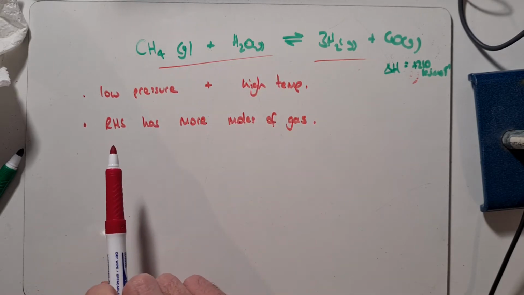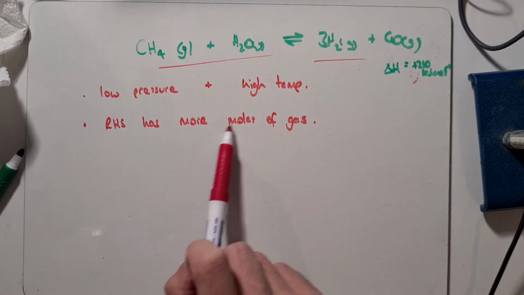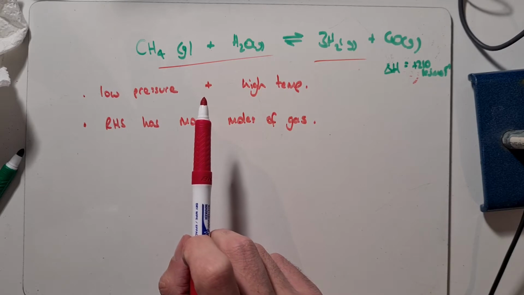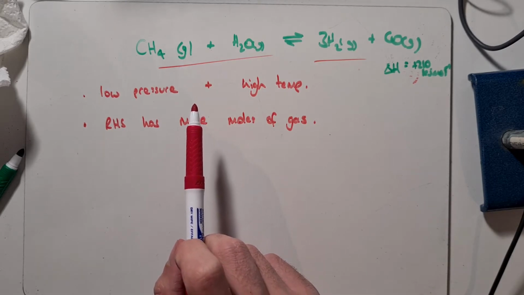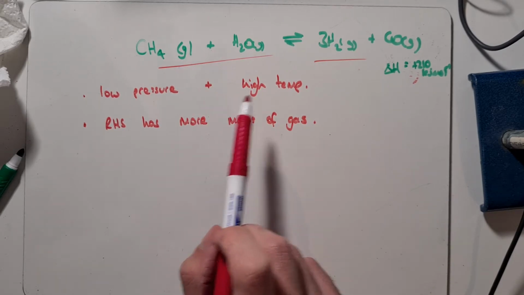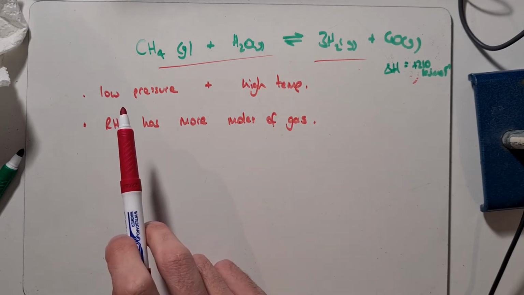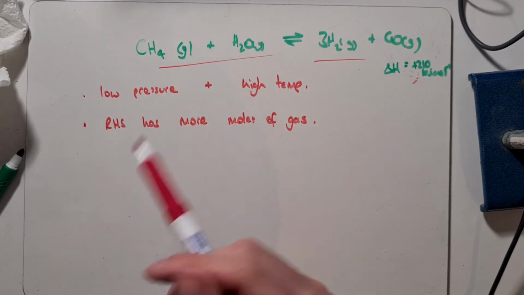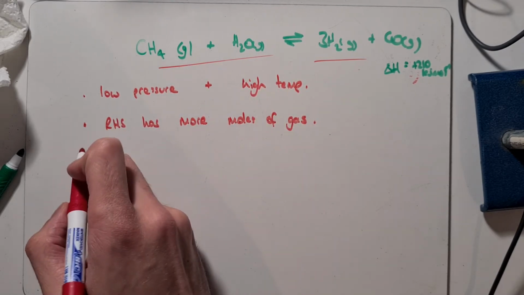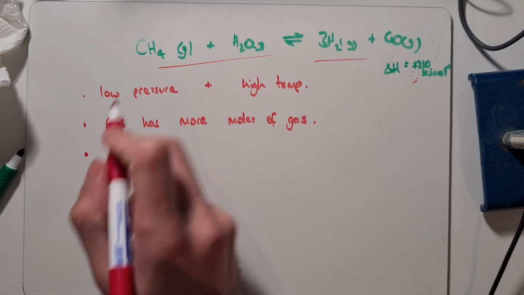So if you mentioned either the right hand side has more moles of gas, or the left hand side has fewer gaseous moles or gaseous molecules, you got a mark. So that was the pressure.